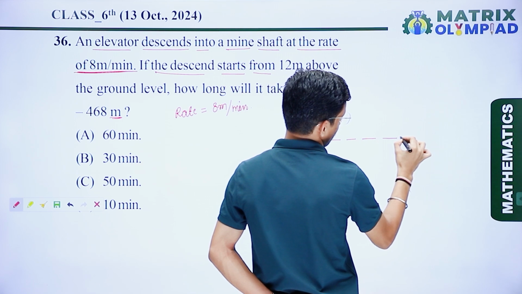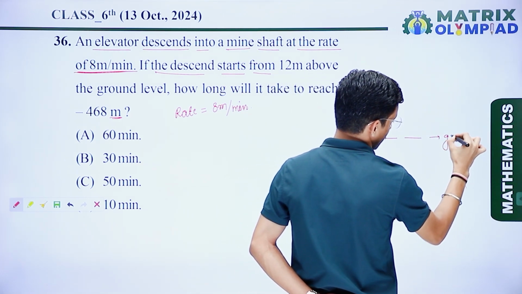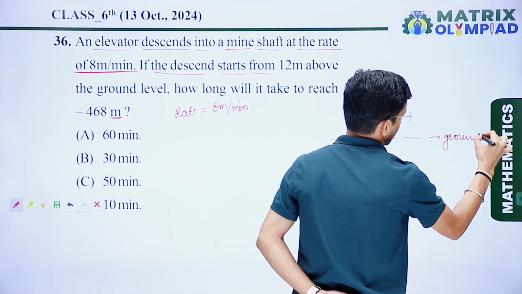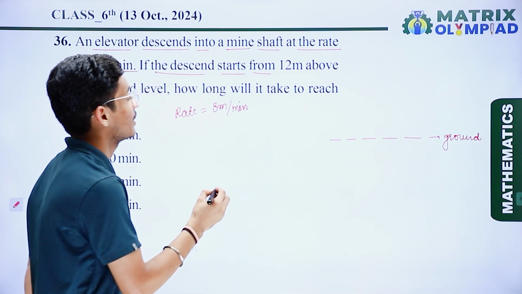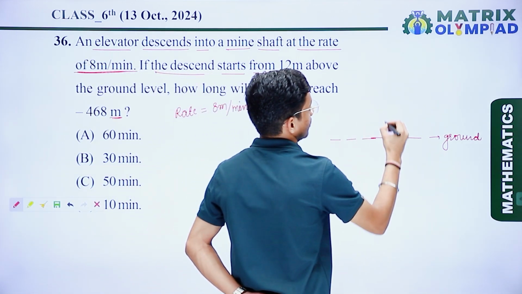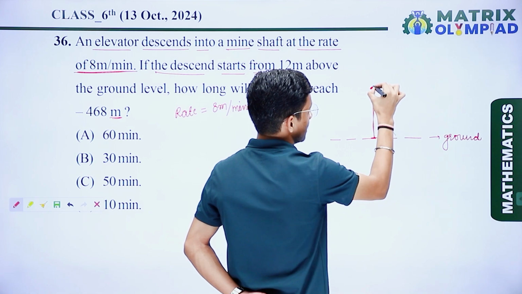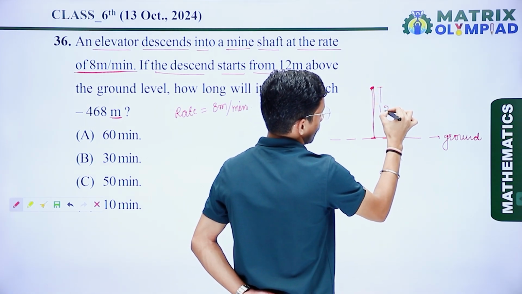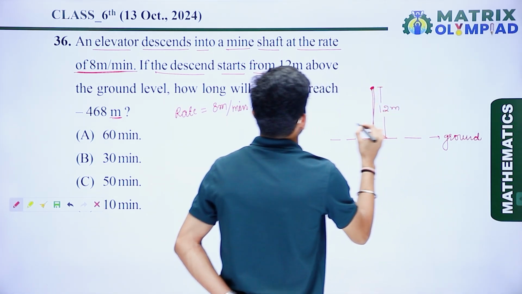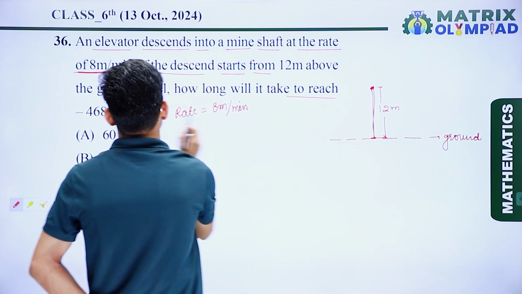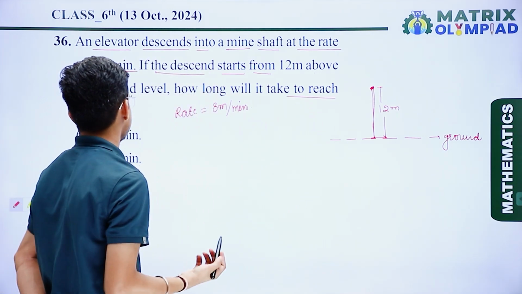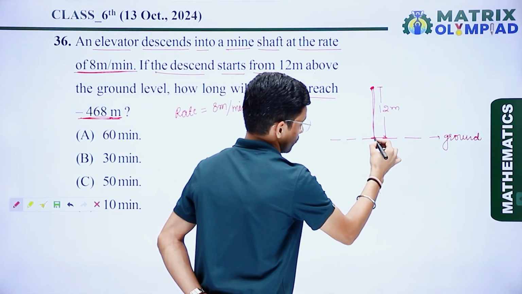So first I draw this. Suppose this one is the ground level and a lift starts 12 meter above the ground level. So let us assume the lift starts from this one. The distance between ground level and this one is 12 meter. And the time taken to reach minus 468 meters.